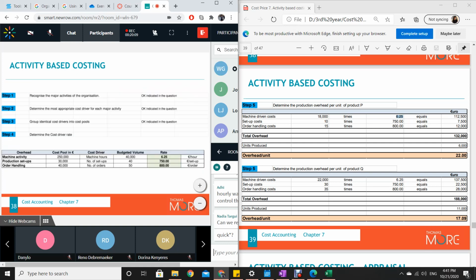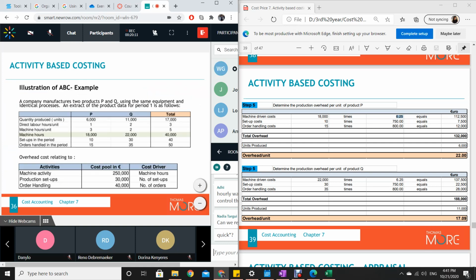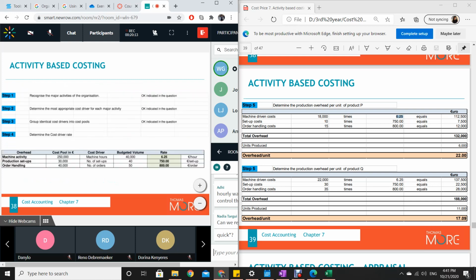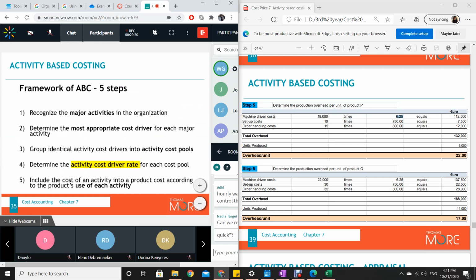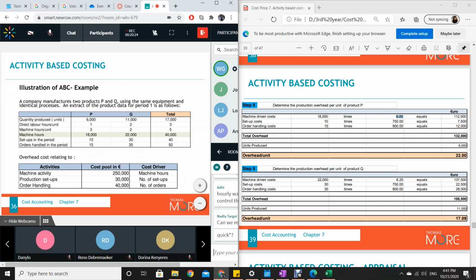So here we go. Step 2, okay, I will go from the start. Step 1 is major activities. So here in this exercise, the major activities are machining activity, production setup, and order handling. Of course, in a normal organization, you have many more, but for the sake of simplicity, we take only these 3.